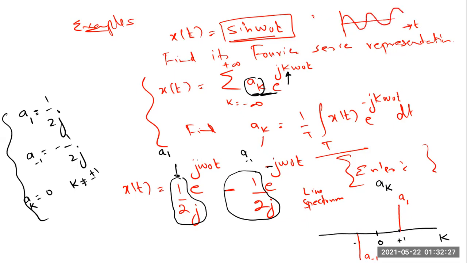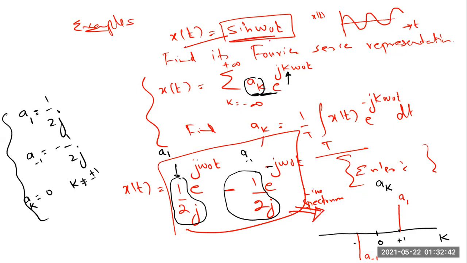But the same signal, when you use Fourier series, is now represented in this manner, and this representation helps us to look at this signal in a form related to the spectrum, meaning frequency. So this is telling us that there are theoretically, ideally, or mathematically two frequency components. So plus 1 means plus omega naught, minus 1 means minus omega naught.